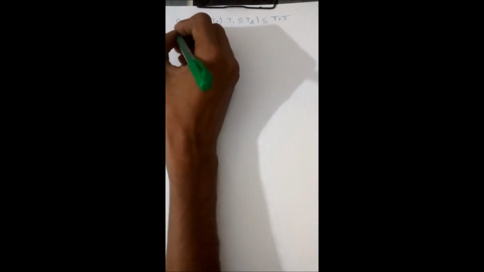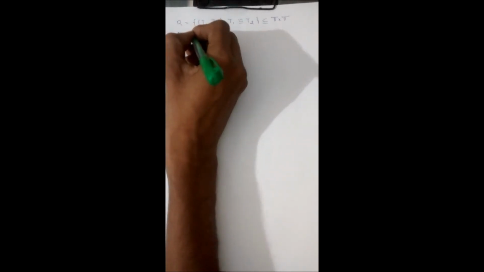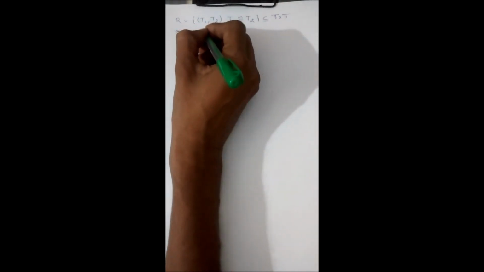Now we need to check the last condition, which is transitiveness, whether or not my R is transitive.